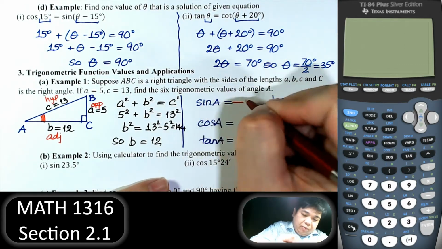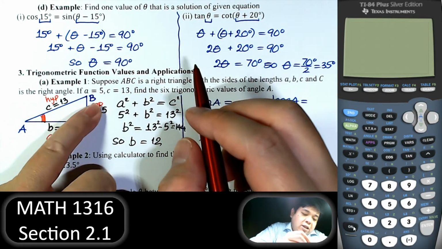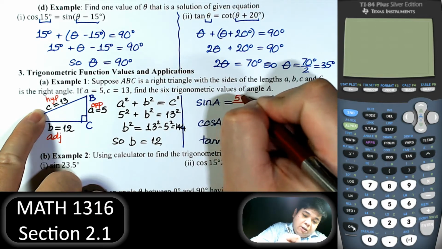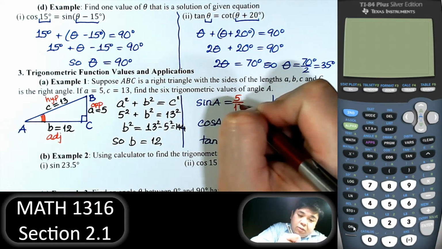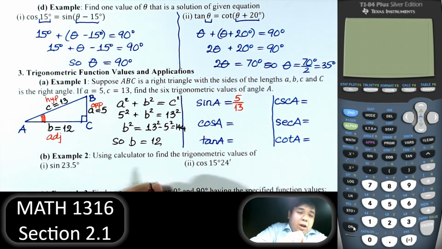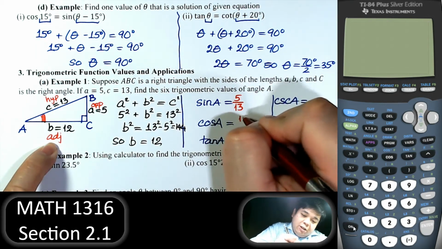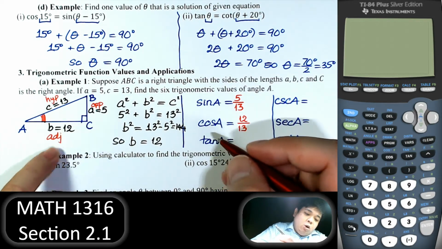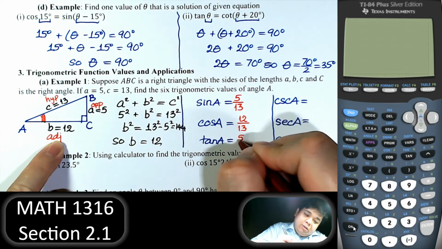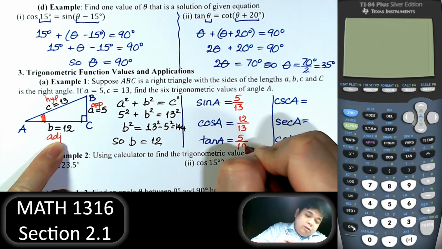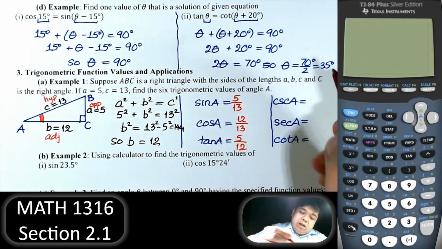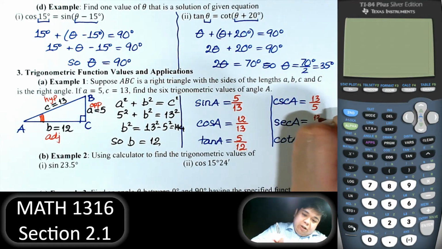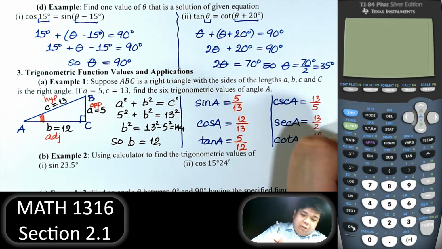So sine is opposite over hypotenuse, cosine is adjacent over hypotenuse, and tangent is opposite over adjacent. And now we just flip all of this: 13 over 5, 13 over 12, and 12 over 5.